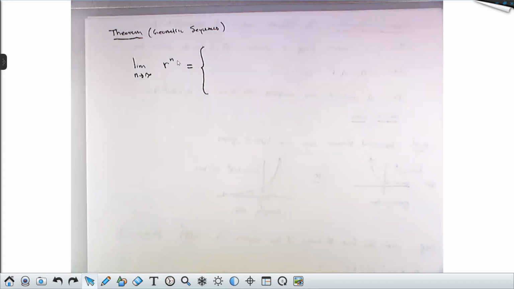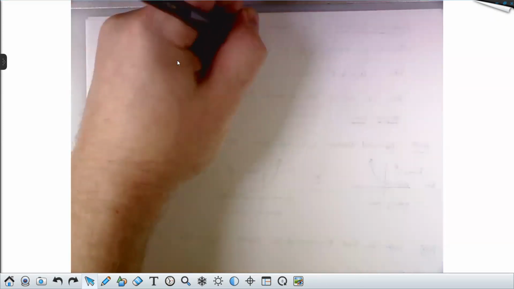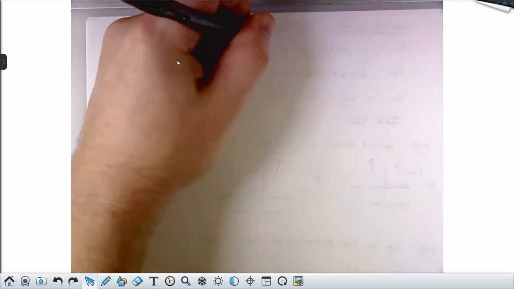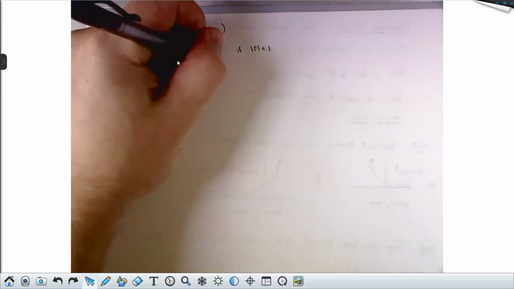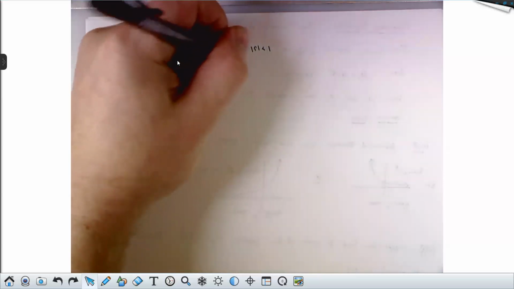So here's the result. That limit will be 0 if the absolute value of r is less than 1. There's the boring case. If r is exactly equal to 1, the limit is 1.